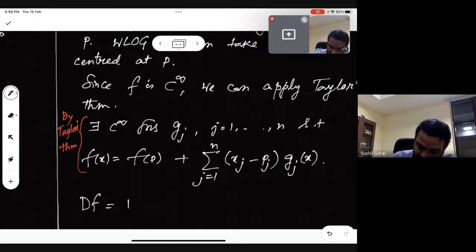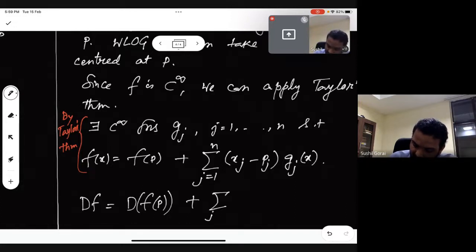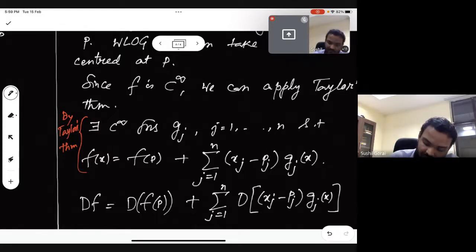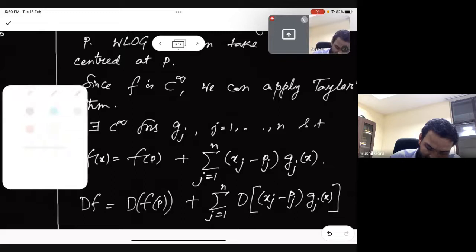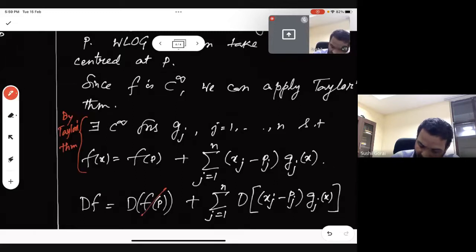So D of f(p) plus, D is R linear, so the summation j equal to 1 to n comes out: D of (xj minus pj) gj(x). Now this one, D of f(p), is 0, right?